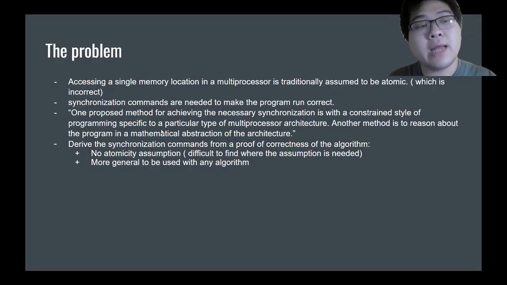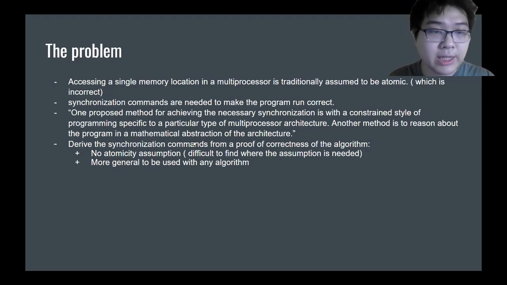But instead, our author wants to derive the synchronization commands from a proof of correctness of a particular algorithm. By doing this, he doesn't need to assume atomicity, which is difficult because if we just assume it at the beginning, we don't know if there are parts in the proof that don't need it at all. So let's see how he does it.